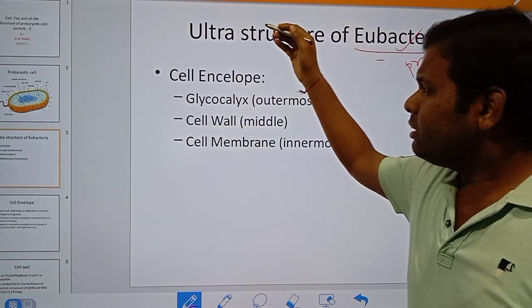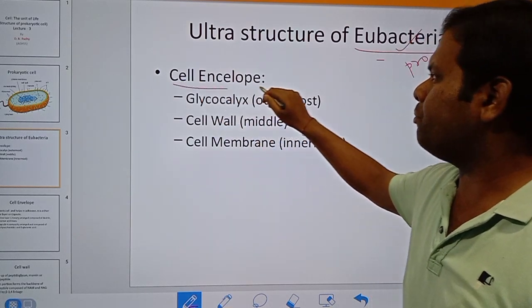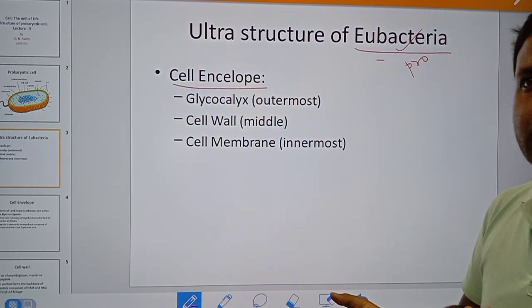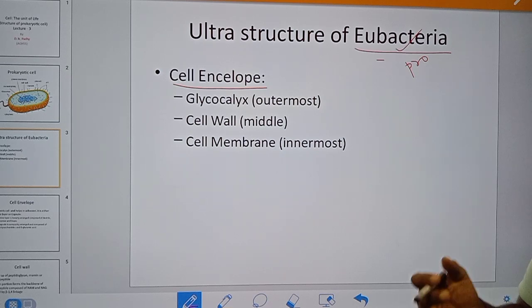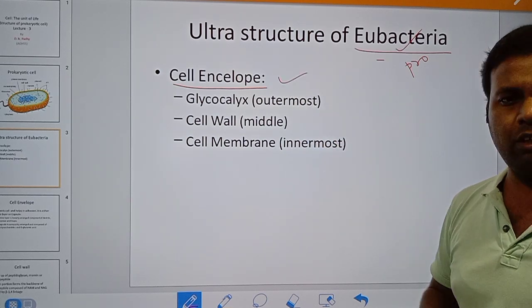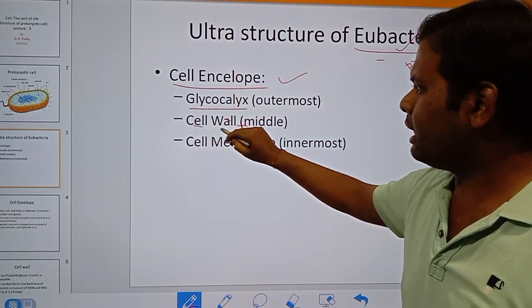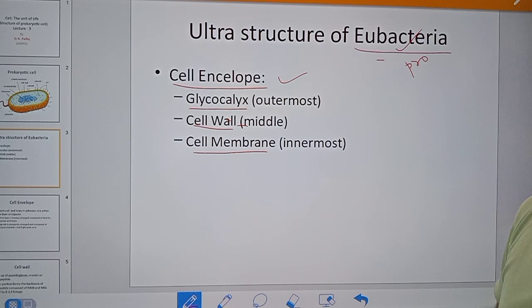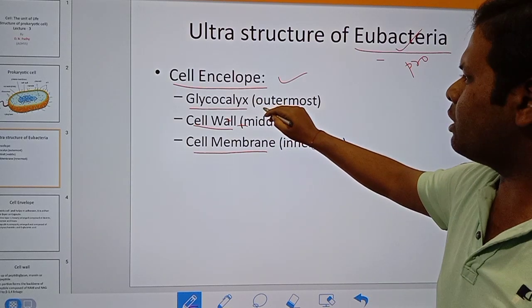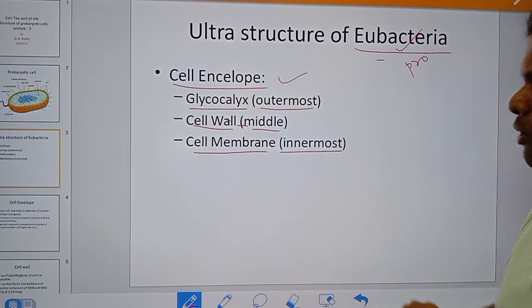The first component I discussed earlier is the cell envelope. The total outline or total covering of this prokaryotic cell is known as the cell envelope, which is composed of three structures. The first is glycocalyx, the second is cell wall, and the third is cell membrane. Glycocalyx is the outermost layer, the cell wall is in the middle, and the cell membrane is the innermost layer.